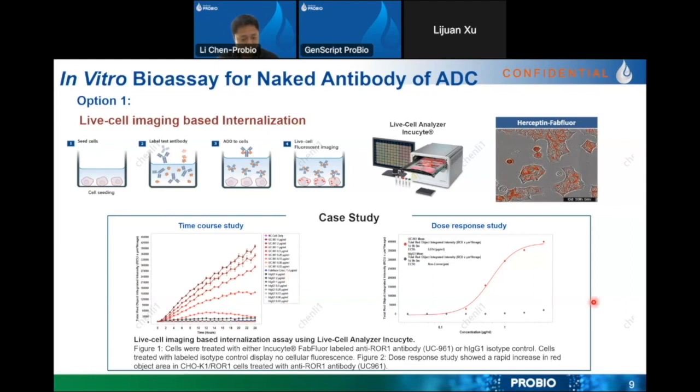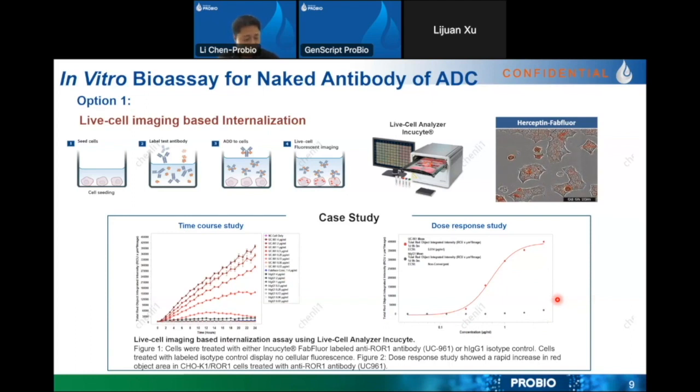In addition, you can also generate dose-dependent curves with fixed incubation time to calculate the internalization efficacy, the EC50s.